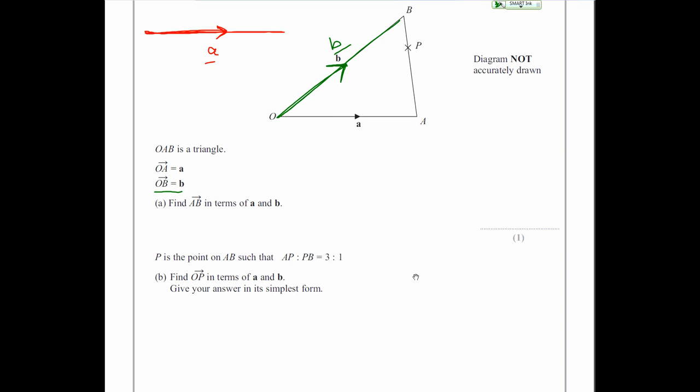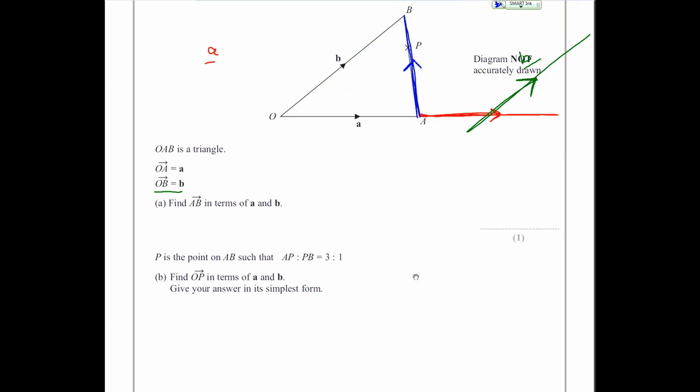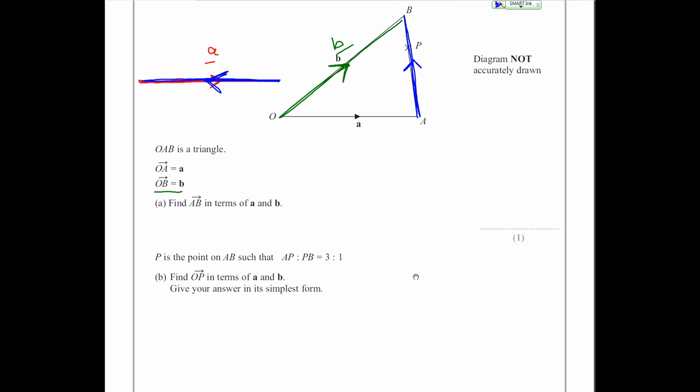So we want to know, how can we go from A to B using these 2 vectors? You're probably going to get really confused and think, well, if we're starting from A, we're going to keep going away from it wherever we go. Now the trick is, even though that's your vector a, if you do the exact same thing but backwards, that is minus a.